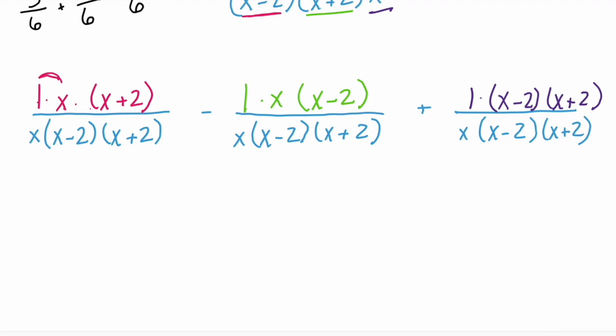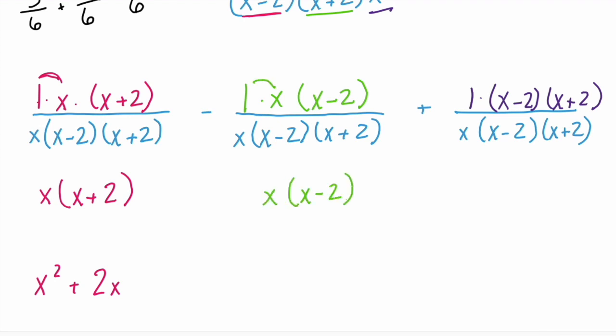So we have x times x plus 2, or x squared plus 2x. And if we go to the second, again, 1 times x is just x. So we have x times x minus 2, or x squared minus 2x.